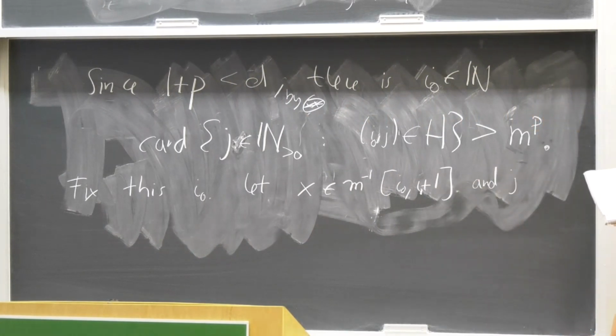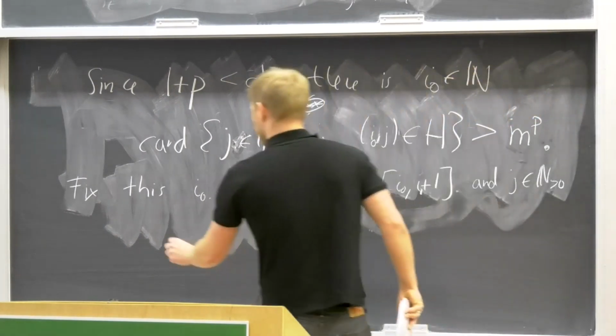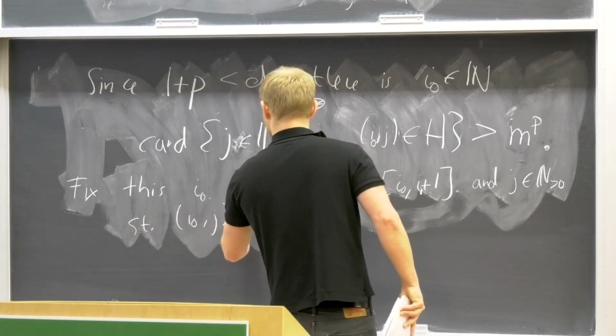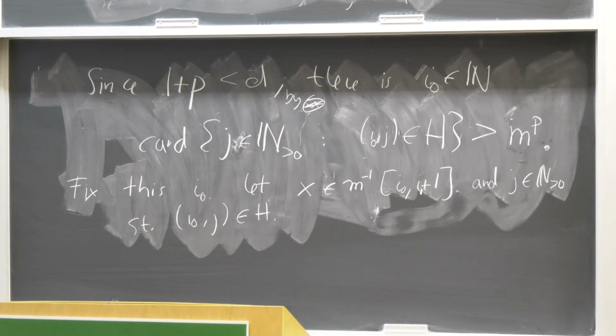Now let J be in N such that I0J is in H. If you allow me to draw this again, it should really be divided by m.